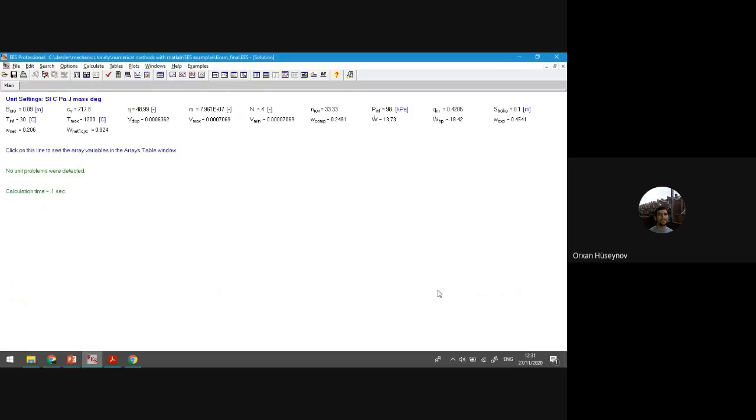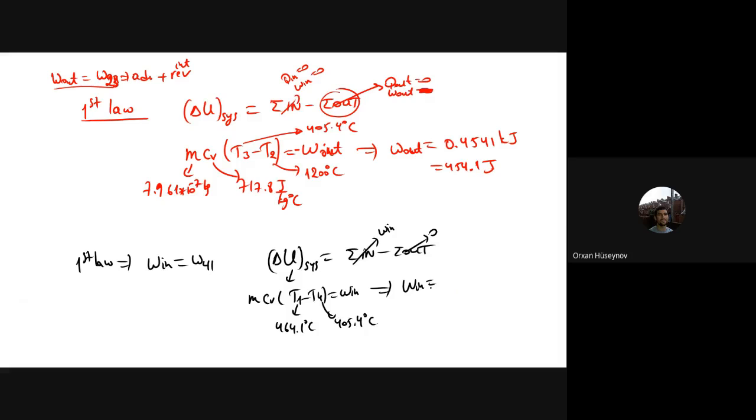It will be equal to the work of compression, 0.2481 kilojoules or 248.1 joules. This is the work in and this is the work out. But we are not interested in the work out amount, we are interested in the net work out. Net work out will be work out minus work in, the difference of these two values, 454.1 joules minus 248.1 joules.